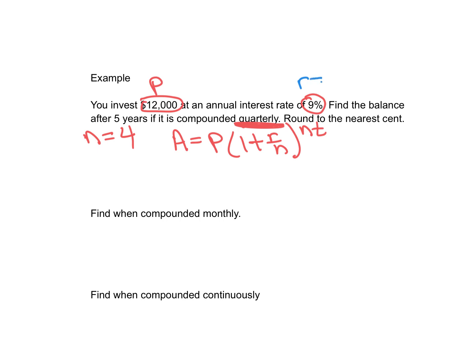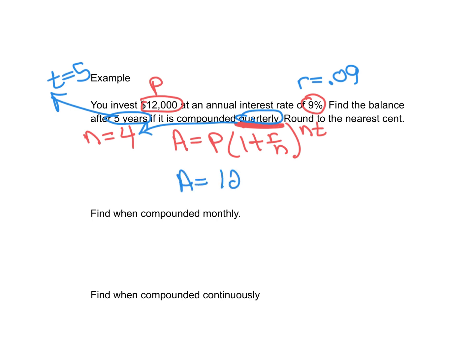9% is your R, which is 0.09, it has to be as a decimal. 5 years, that's how long it was in there, that's going to be your T, so T equals 5. And it's compounded quarterly, which again means that N equals 4. So then you're just going to put those numbers into your calculator.